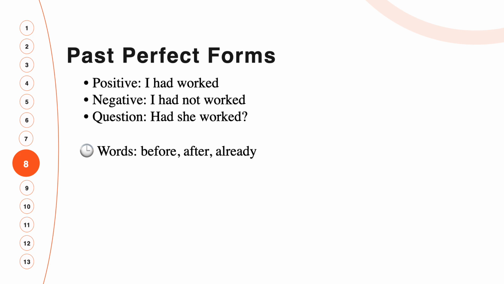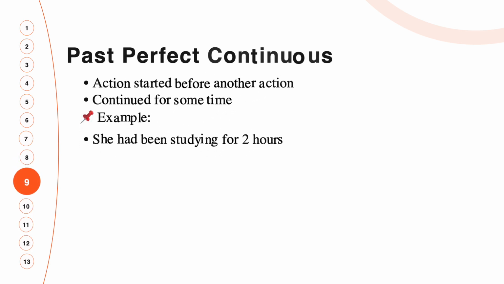So let's move on to past perfect continuous. Past perfect continuous has two of the explanations. Action started before another action and continued for some time. Example, she had been studying for 2 hours.